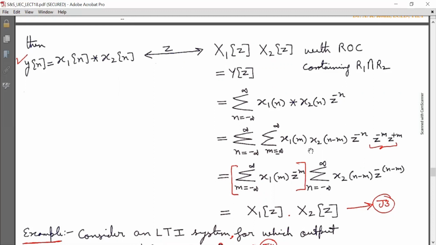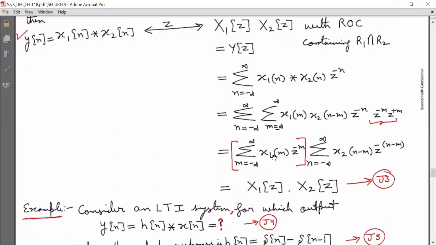Now I will rearrange the summation terms, and Y(z) is equal to the bracket summation over m from minus infinity to infinity of x1(m) z raised to power minus m, into the summation over n from minus infinity to infinity of x2(n minus m) z raised to power minus (n minus m).